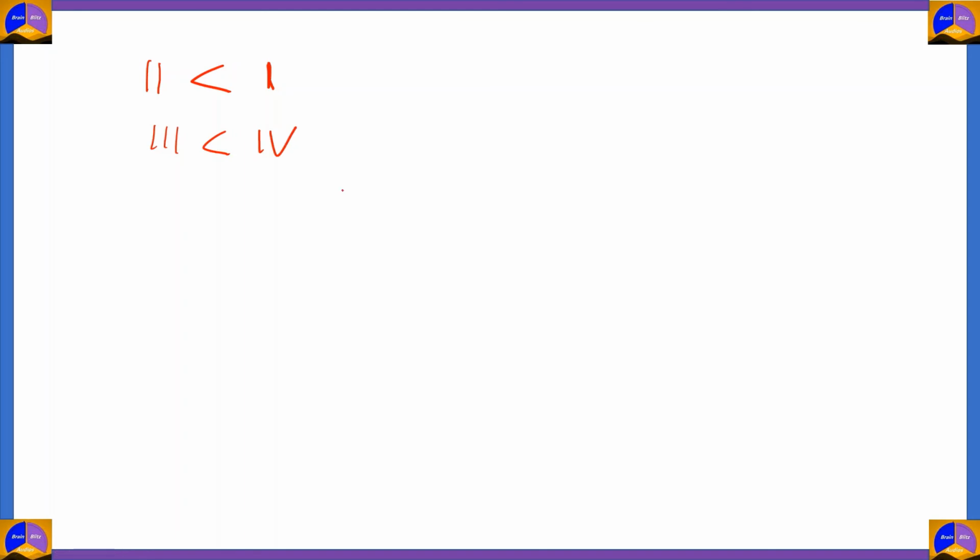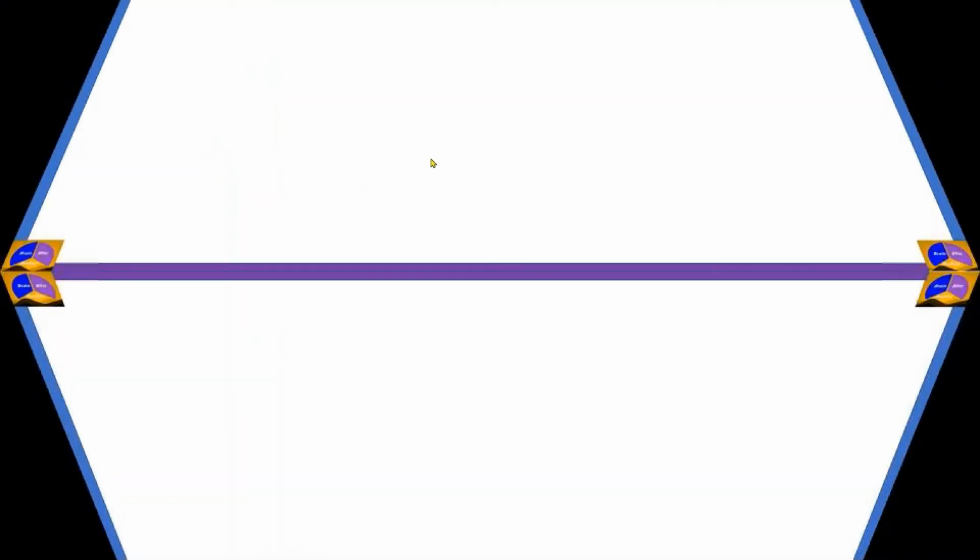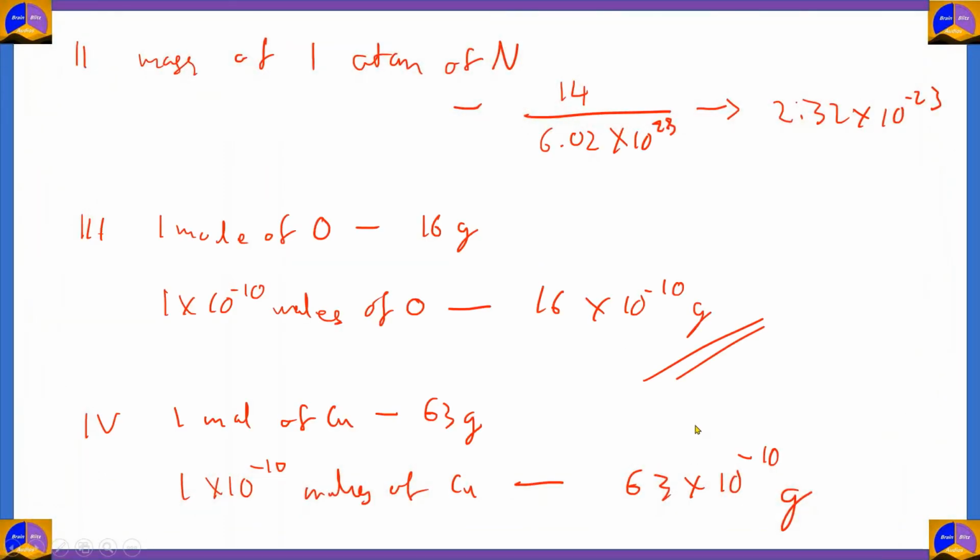Now, if you compare the orders for 1, 2, and 3, 4, you would find that 10 raised to minus 10 would be greater than 10 raised to minus 23 because it is 1 by 10 raised to 10 and 1 by 10 raised to 23. And so the one with the greater denominator would be lesser.